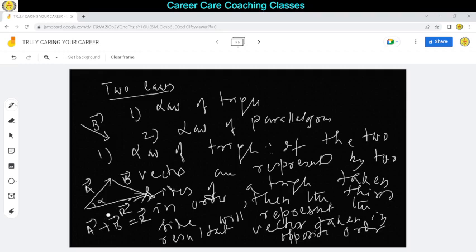Similarly, we can explain the law of parallelogram.